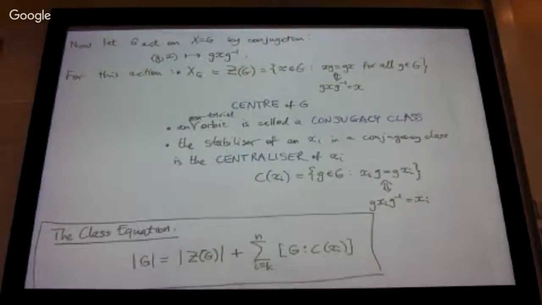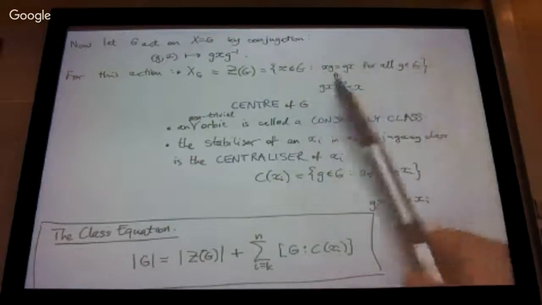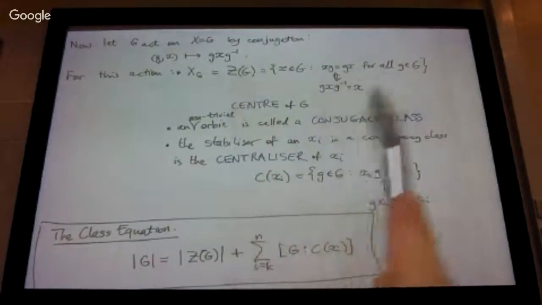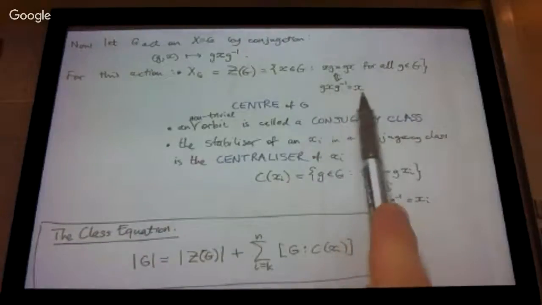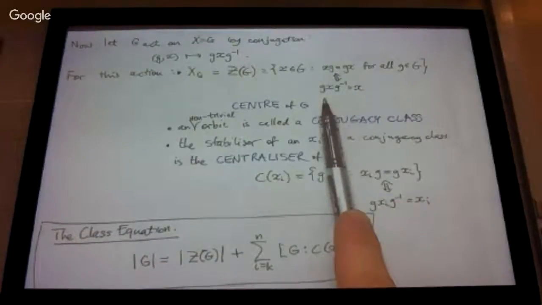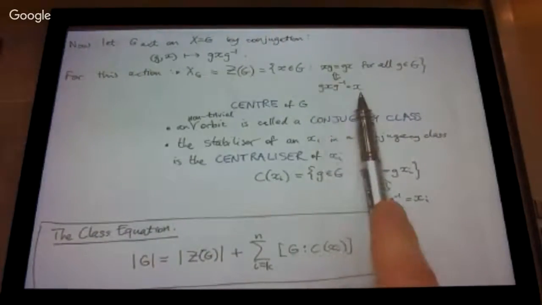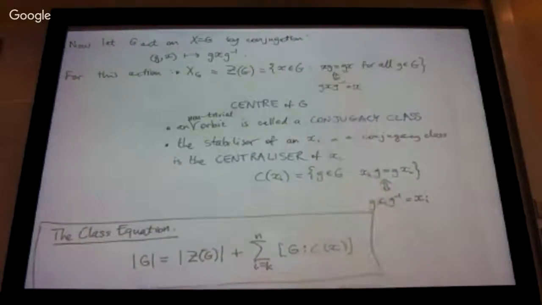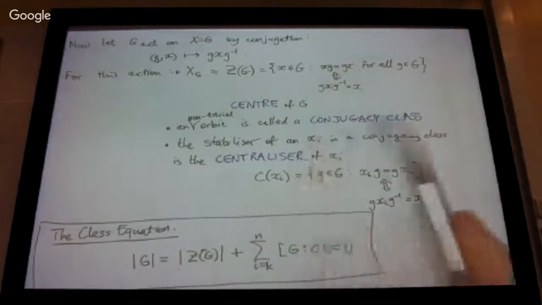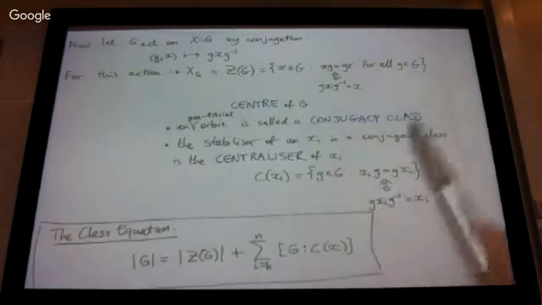This is the one specific action that we're talking about, and the center is all the ones that stay put, no matter which element of the group you use, which is equivalent to commuting with every element of the group. That's called the center. And all the orbits are called conjugacy classes.